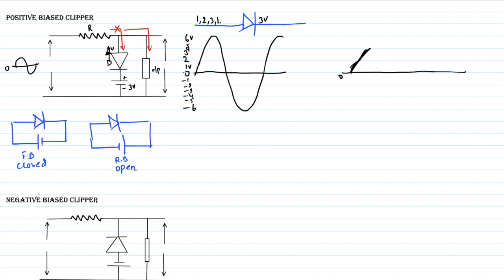Now you will apply 4. Now the anode has become more positive. So in this case the anode is positive and the cathode is negative, so the diode is now getting closed. The entire current will flow across the diode and not across the output resistor.